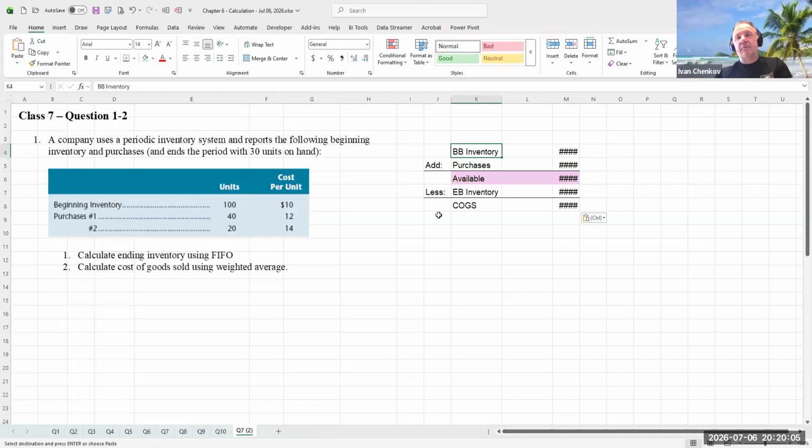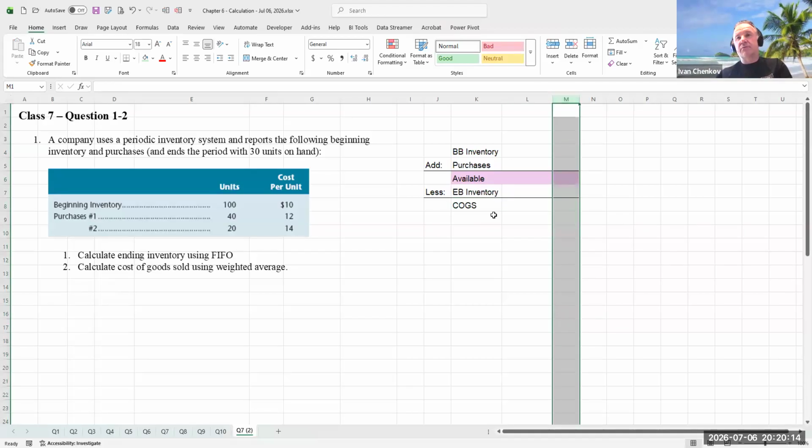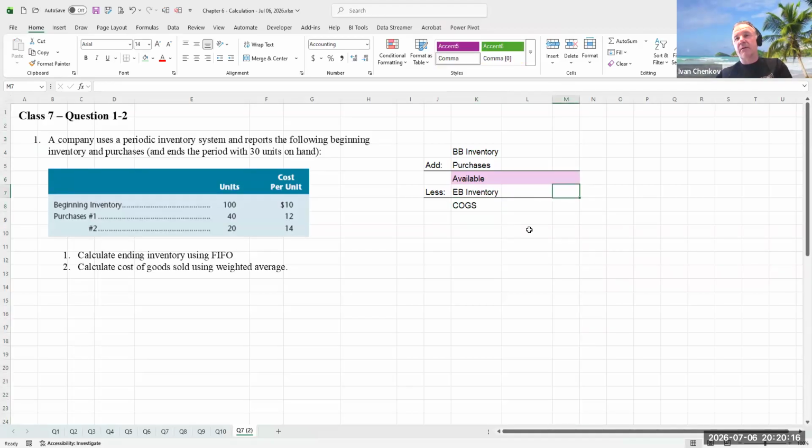Beginning inventory plus the purchases gives us goods available. Less the ending inventory gives us cost of goods sold. If we have to find cost of goods sold, we need to find ending inventory, then we can get the cost of goods sold. If you know the ending inventory and cost of goods sold, together they give you the value available.